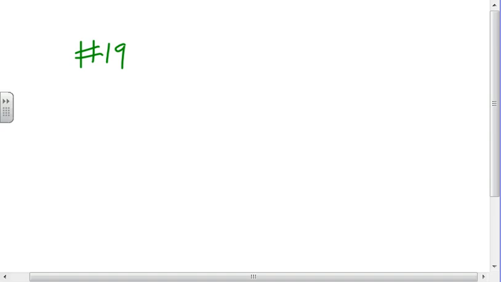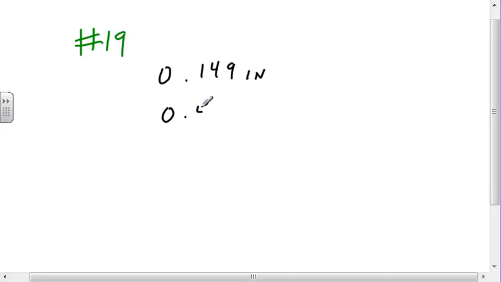I have 4 pieces of metal, 0.149 inches, and I'm gonna bolt them together. 0.407 inches, 1.028 inches, 0.77 inches.